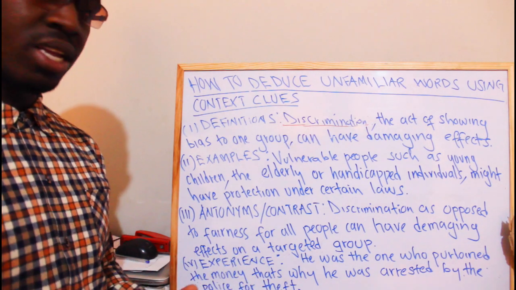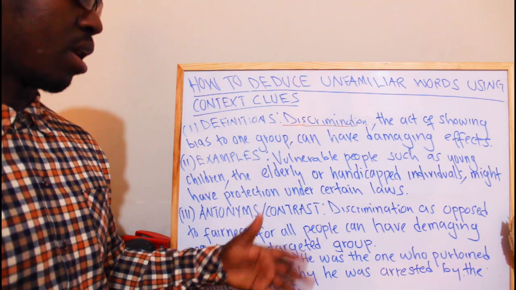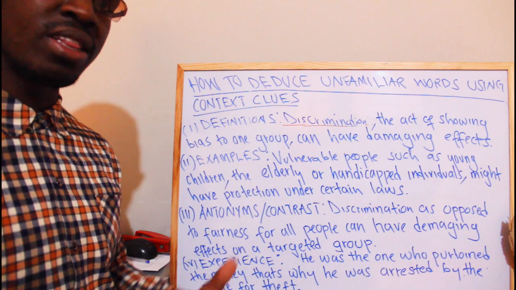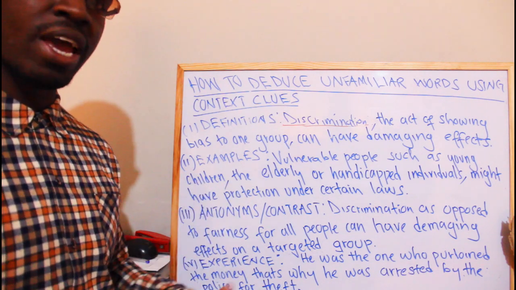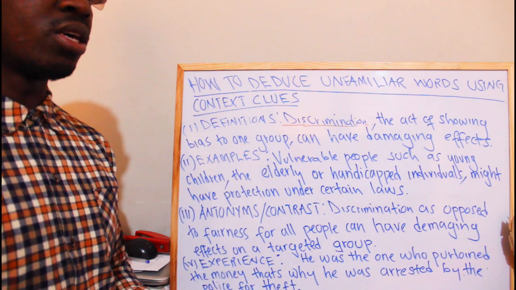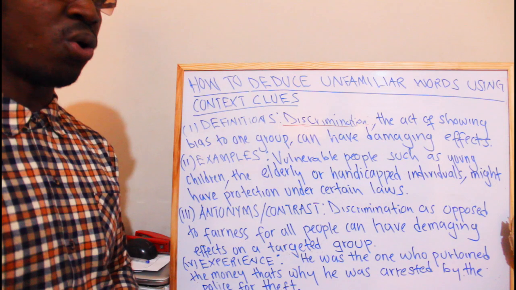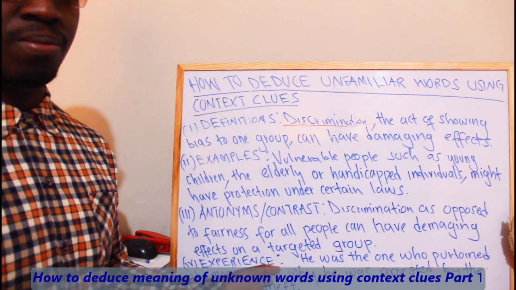So we tend to discover that these people that are given as examples have one thing in common, which is not being able to stand on their own in times of danger or against any vulnerability, anything that can affect them.